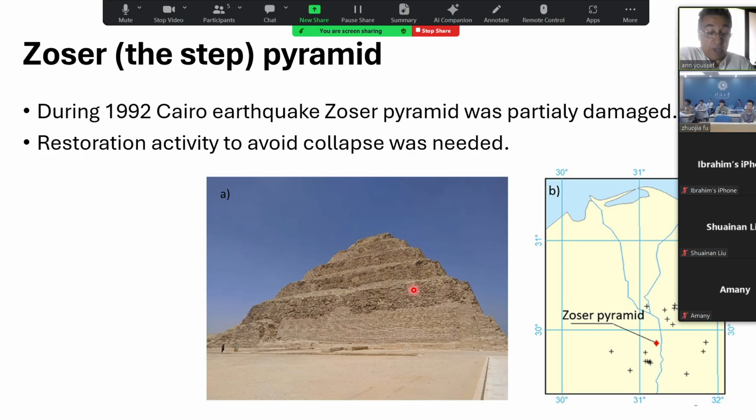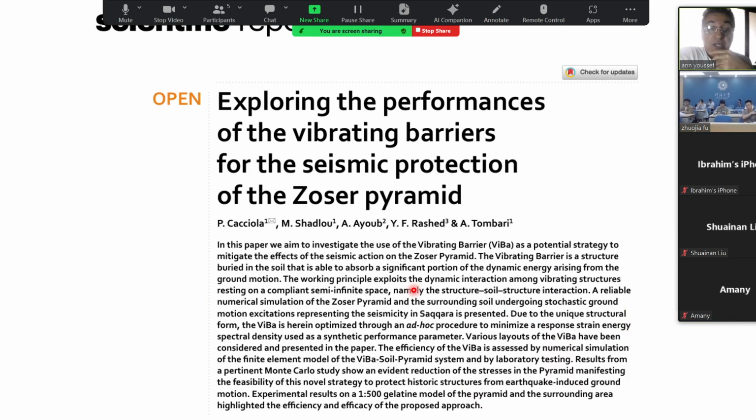So we started this project between Brighton, City University of London and Cairo University in Egypt, with Professor Piero Cacchiola, the founder of this vibrating barrier idea, Professor Ashraf Ayub and myself, Yusuf Rashid, to study how to design this. We published this paper in Scientific Reports, I think in 2022 or 2023, I'm not sure.